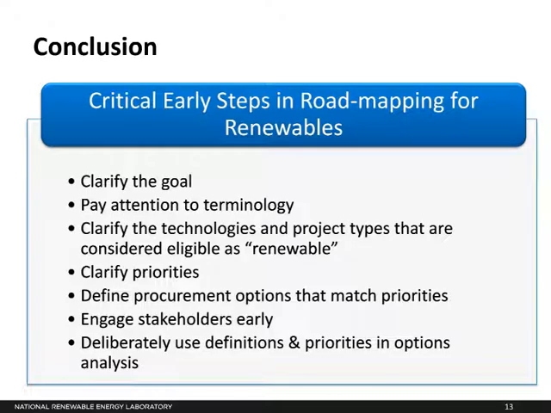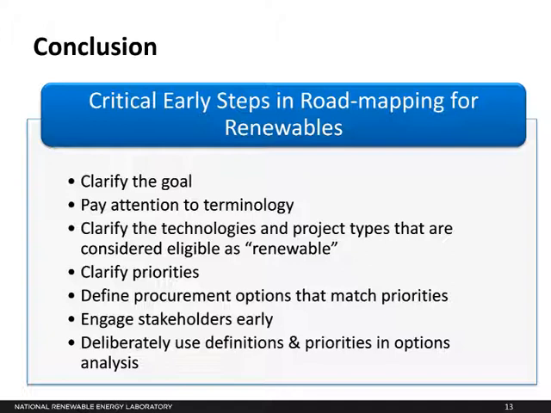To recap, let's go over the best practices that we covered in this module. First, you're going to want to clarify your goal. Make sure you understand exactly what the goal is, how it's phrased, and the different variables that are going to impact your achievement of that goal.